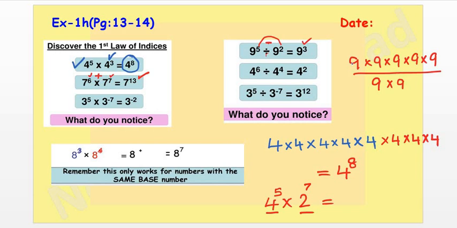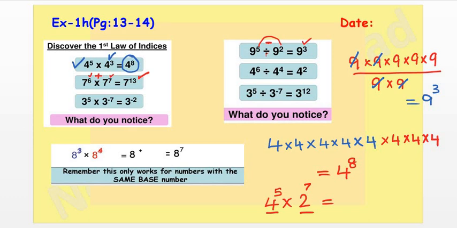We can cancel these two, and then 9 to the power 3 is left. So we can make a rule: simply subtract the exponents to get the answer when you are dividing two indices having the same base.